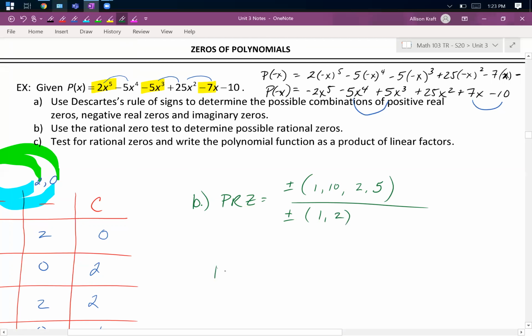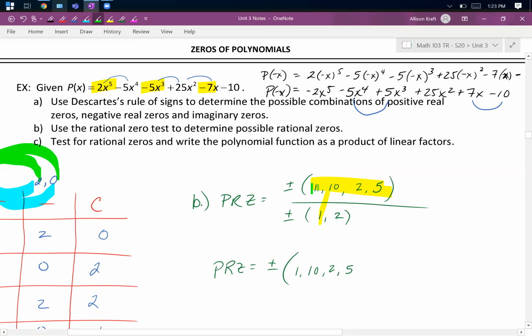And now we want to clean this up into a normal list of numbers. Everybody's going to be a plus or minus. To simplify it, I'm first going to take every number in the numerator and put it over 1. We know anything over 1 is just that thing. So 1, 10, 2, 5.